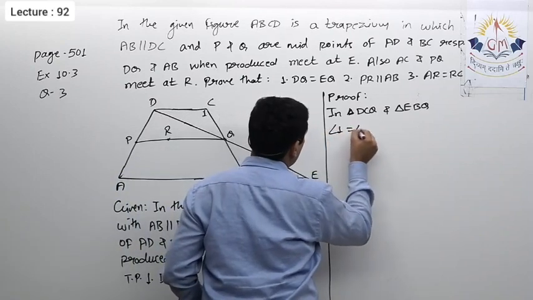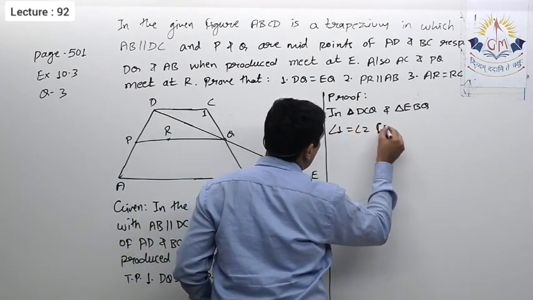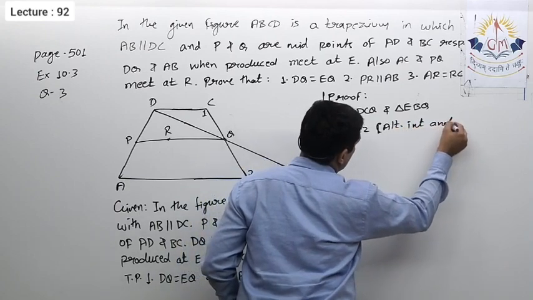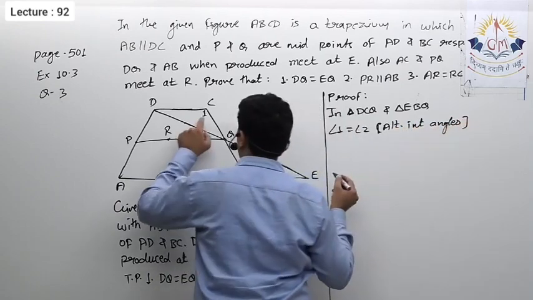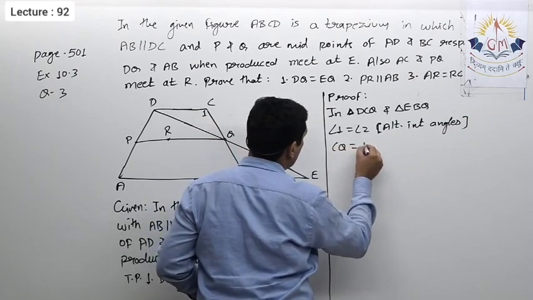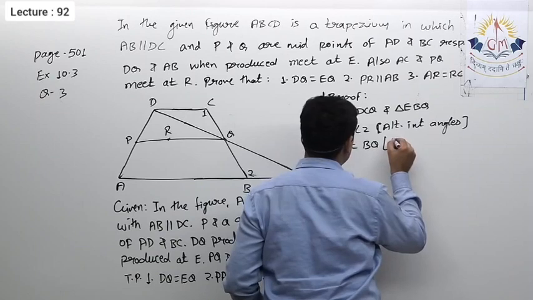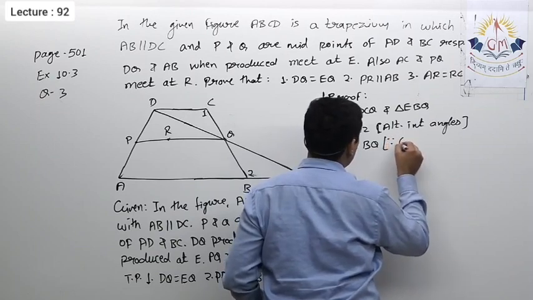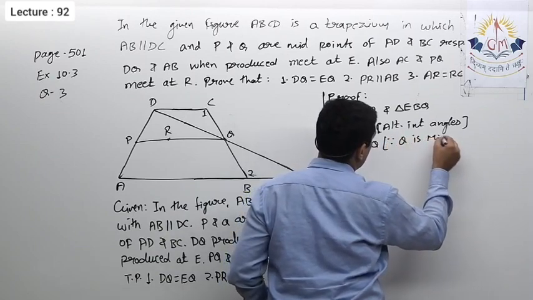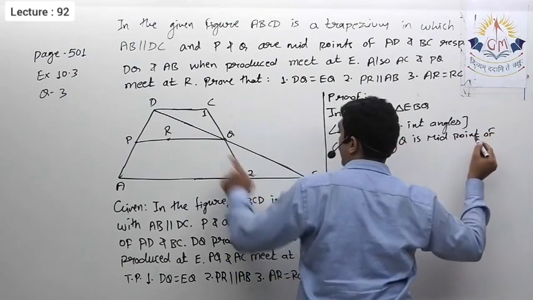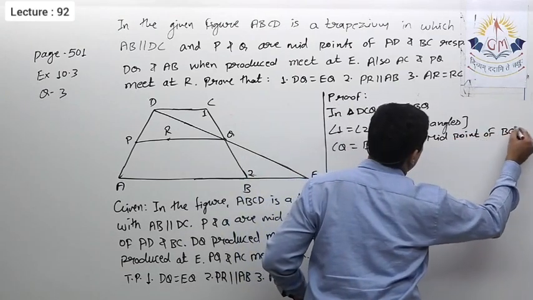Okay, angle 1 is equal to angle 2. Reason, alternate interior angles. Okay, then CQ is equal to BQ. Reason, because Q is midpoint of BC.